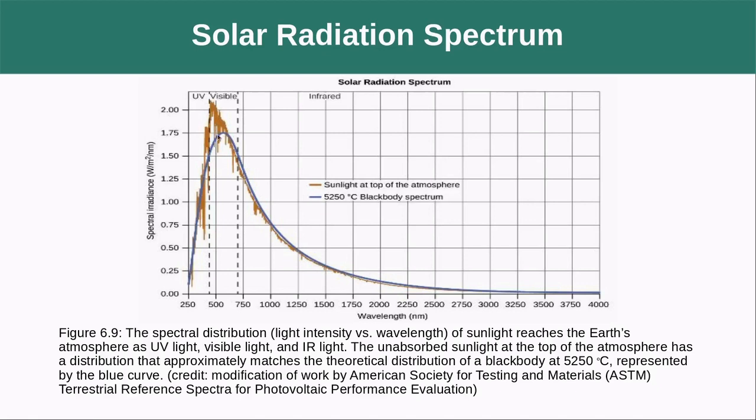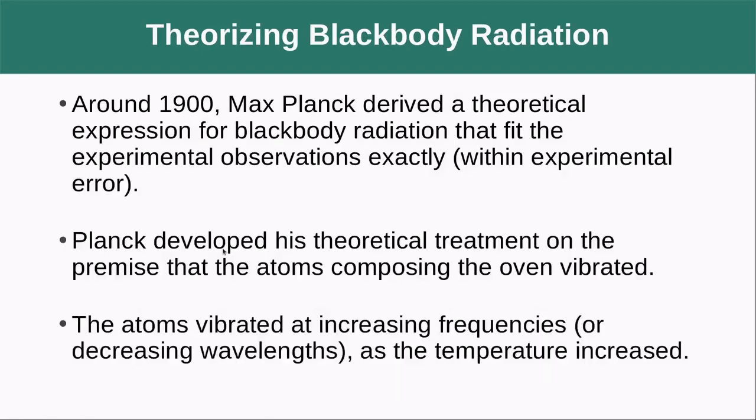The black body doesn't really fit the data we have for sunlight. So something is happening right here where we no longer have a good model for what exactly is happening within the sun using just the black body theory.